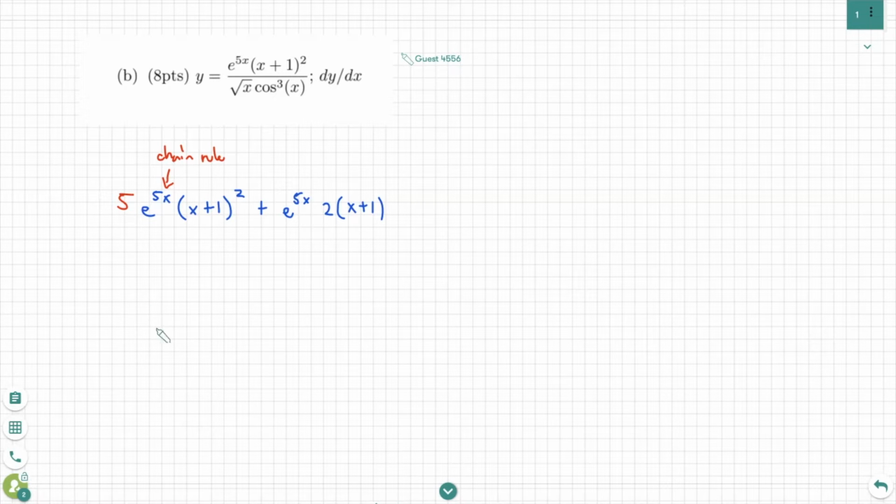So that'd be 1/2 x to the negative 1/2 times cosine cubed x, plus the square root of x times 3 cosine squared x.